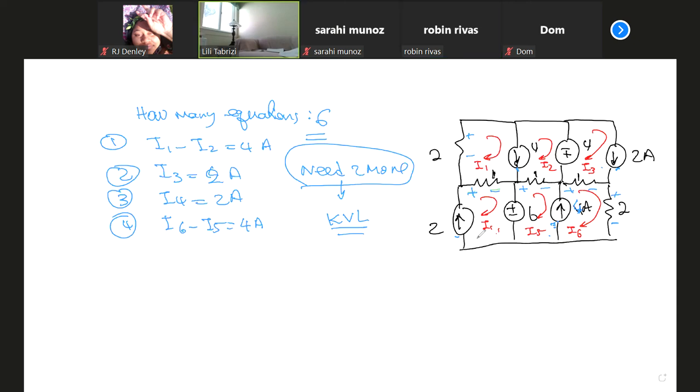Loop 4, no. 5, no. 6, no. So I have to use combined loop. I need to find two combined loops. Robles, can you give me, by identifying element, which combination is suitable for KVL? Give me any two combination, doesn't matter.